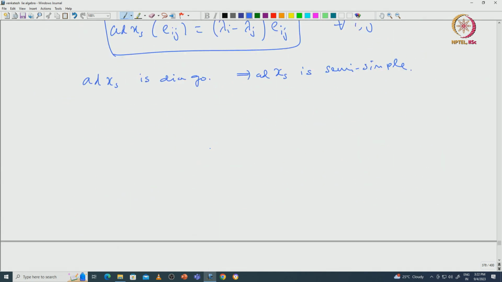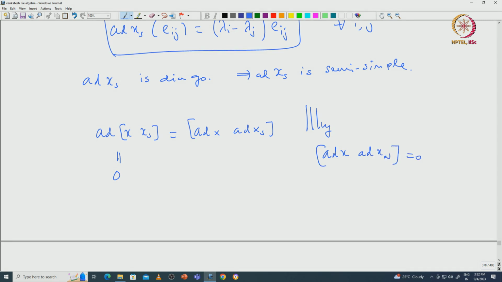For that, we can just see that ad x applied to x_s will be just equal to ad x bracket ad x_s. So, the bracket [x, x_s] is 0. So, that will imply that ad x bracket ad x_s is 0. Similarly, you can see that ad x and ad x_n also commute, because that is the same as ad of [x, x_n].